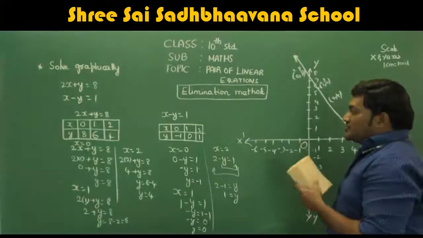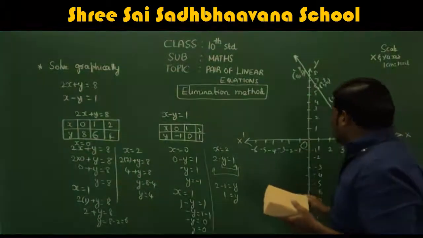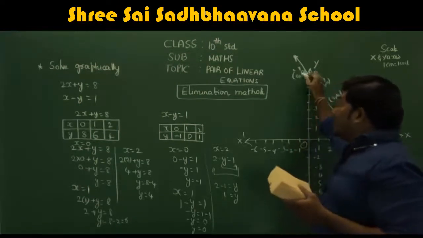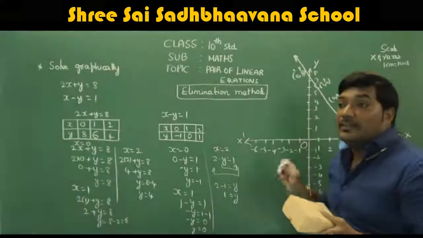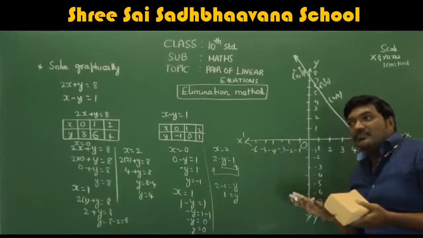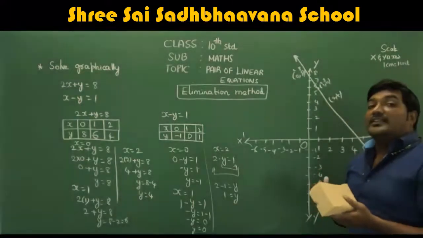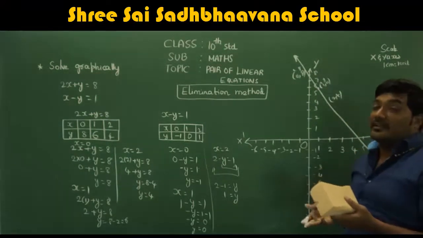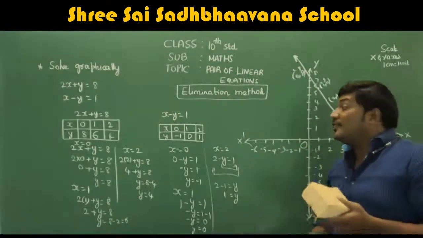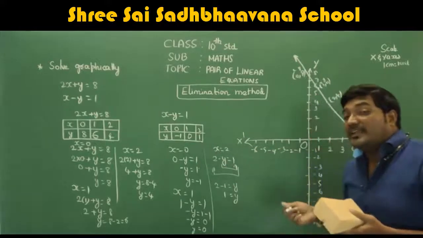Okay. Next one, 0 comma minus 1. Always remember here the x coordinate is 0. Definitely remember, if the x coordinate is 0, then the point lies on the y-axis. If the y coordinate is 0, then that point lies on the x-axis. So in this case also, the x coordinate is 0, but the y value is minus 1, where y is negative.